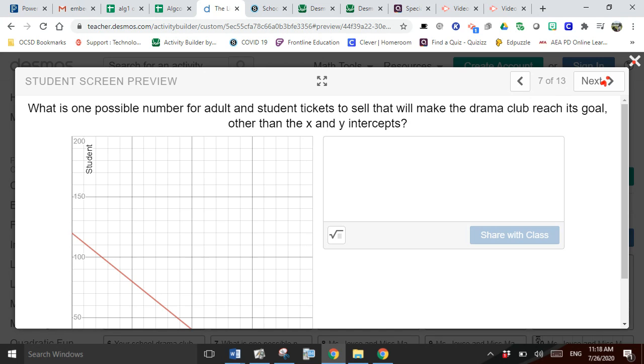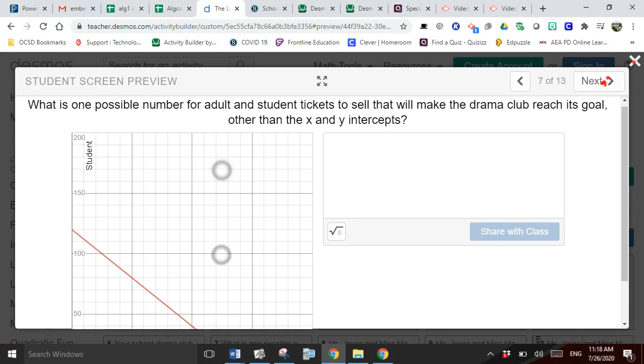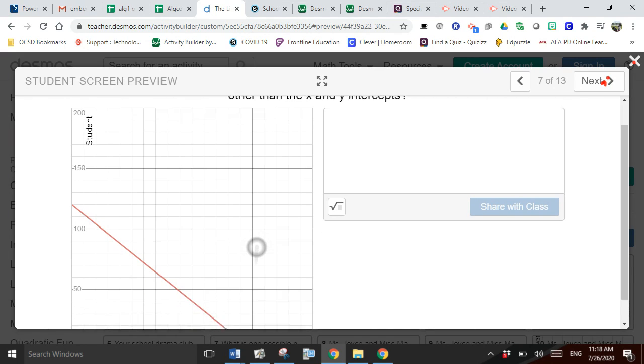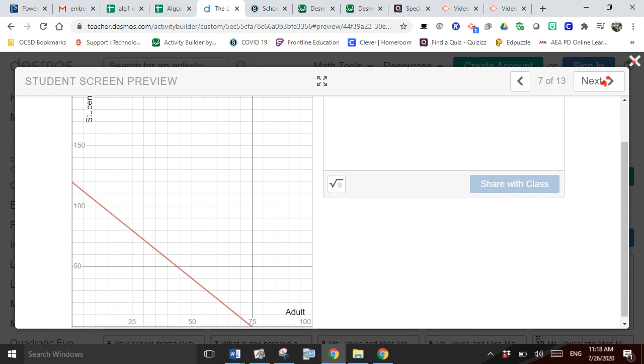How would I find that? Well, any point on the line is going to make that true. I could have a point here, or here, or here. Anywhere on this line, I could have a point, and it's going to make that true.